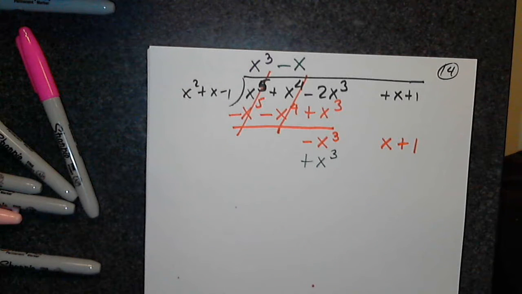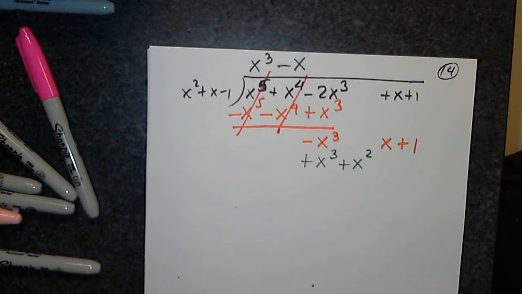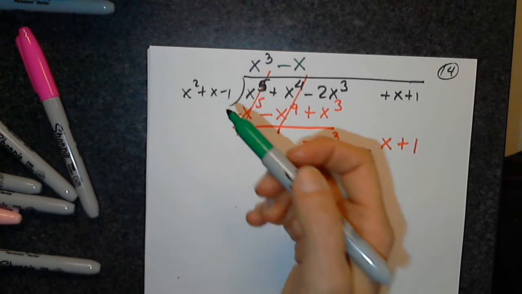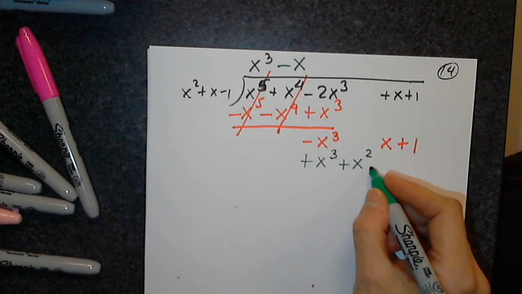Negative x times x, negative x squared, but I have to write positive x squared. That's why I need that space. Otherwise, I will mess up the whole thing. Negative x times negative 1, positive x, but I have to write negative x.